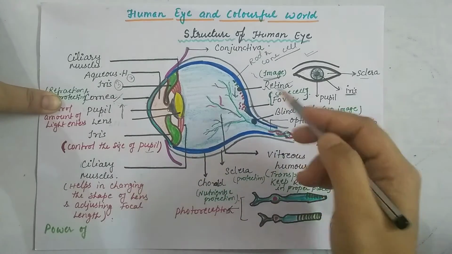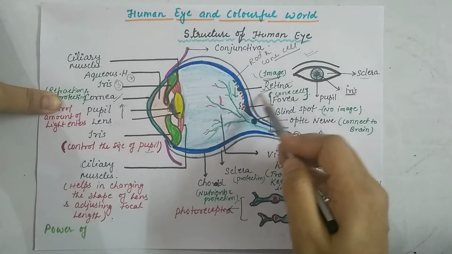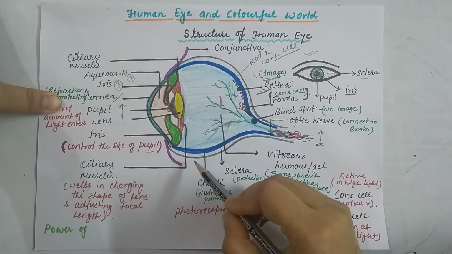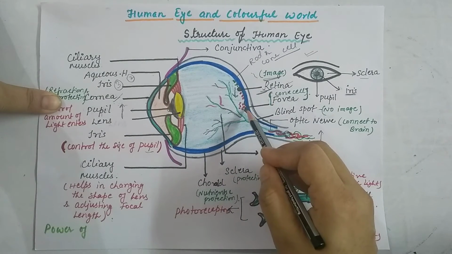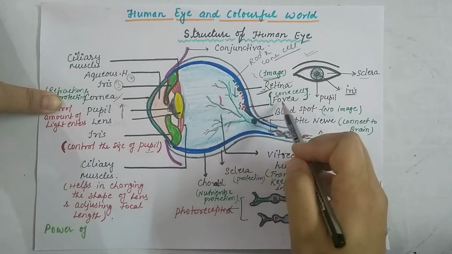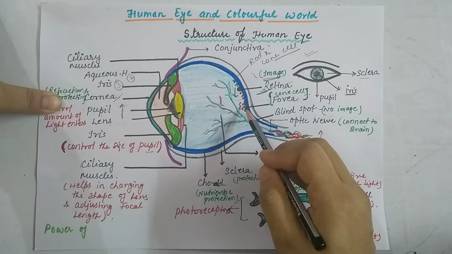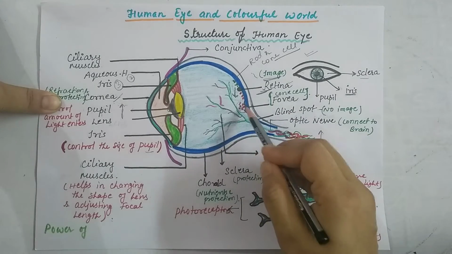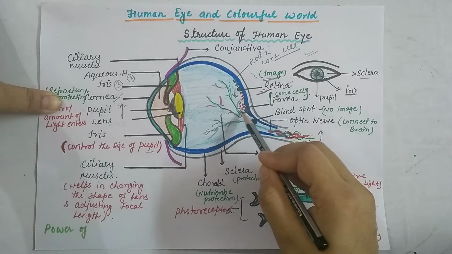We will discuss it later. So the retina is the place where the image formation takes place, and this is the fovea, where the cone cells are present in larger numbers.